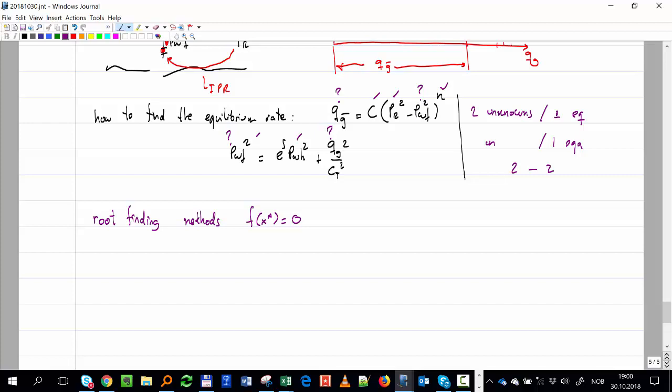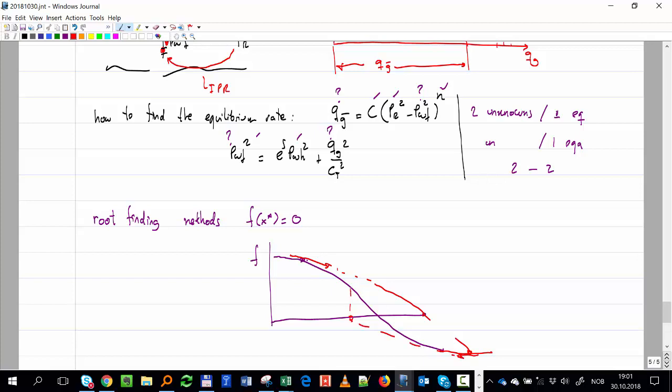Like if you have a function that behaves something like that, for example Newton-Raphson, you calculate the derivative, then you shoot with that derivative, then you find that point, then you shoot with that derivative, you find that point, and so forth, right? That's Newton-Raphson.